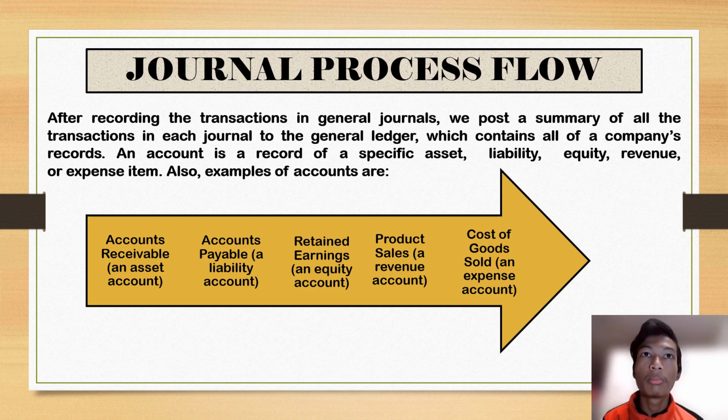Examples of accounts are account receivable as an asset account, account payable as a liability account. Third is retained earnings as an equity account. Fourth is product sale as a revenue account. Last is cost of goods sold as an expense account.